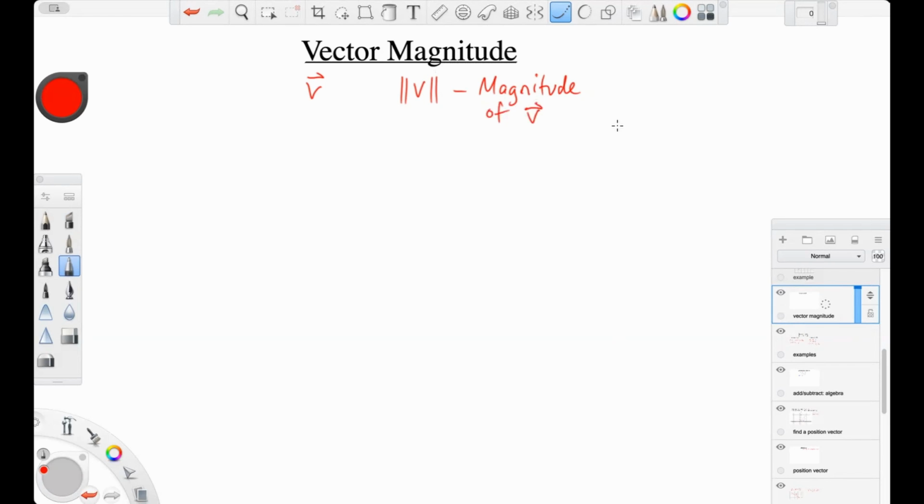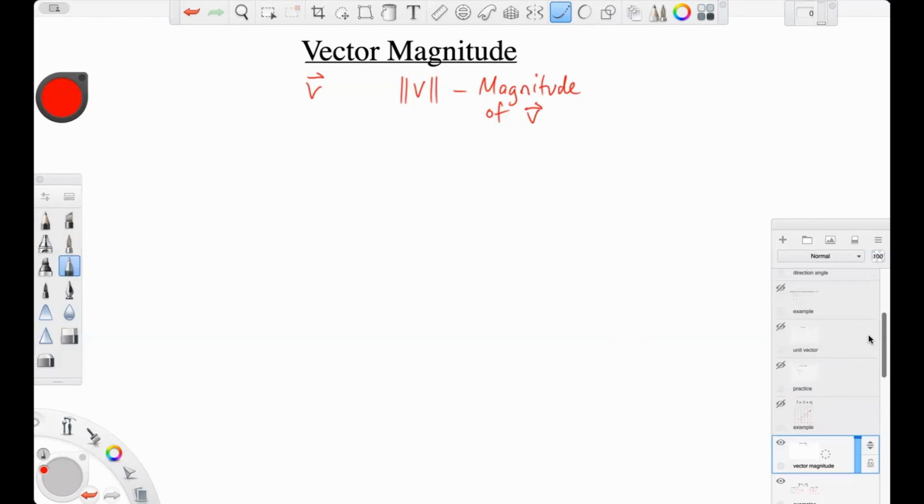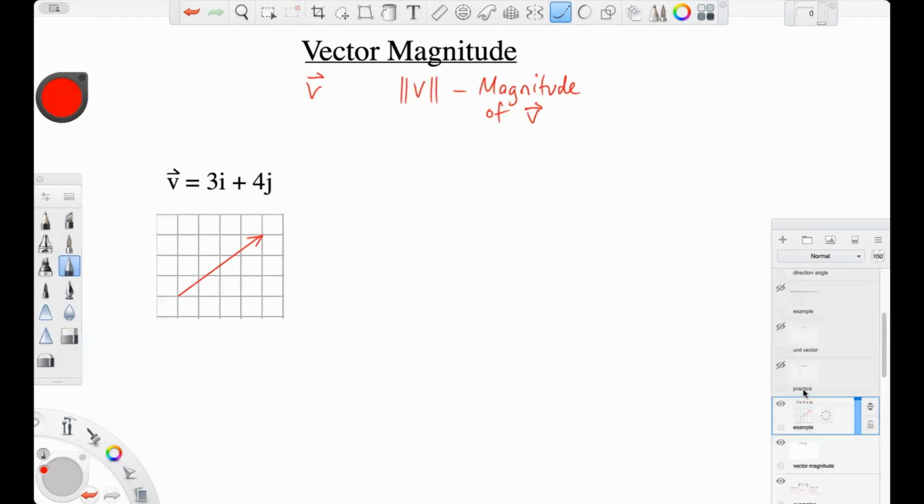Right, so just looking at the length of the line if we happen to be graphing the vector. Okay, so how do we find the magnitude of a vector? Let's look at an example, because I think that's probably the easiest way to go about this. Let's say that here's vector v, 3i plus 4j, and we want to know what the magnitude of this vector is.